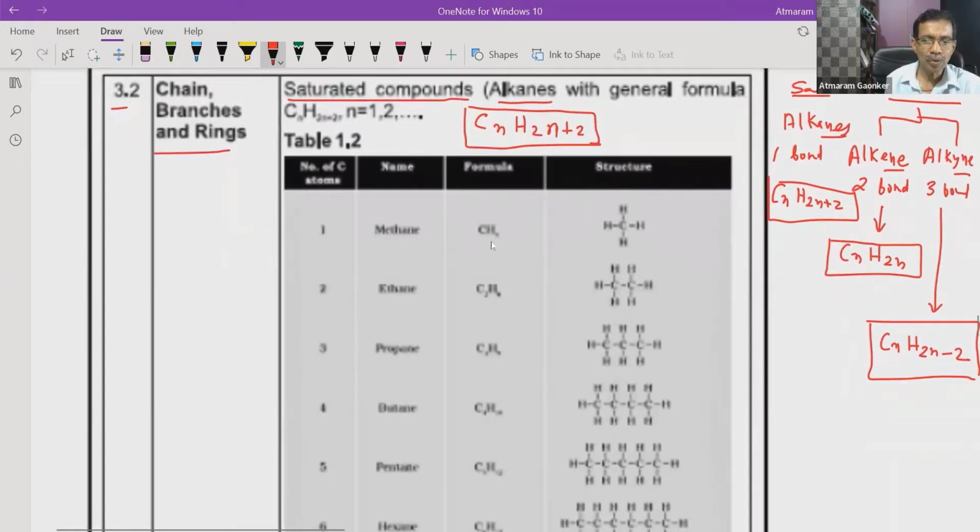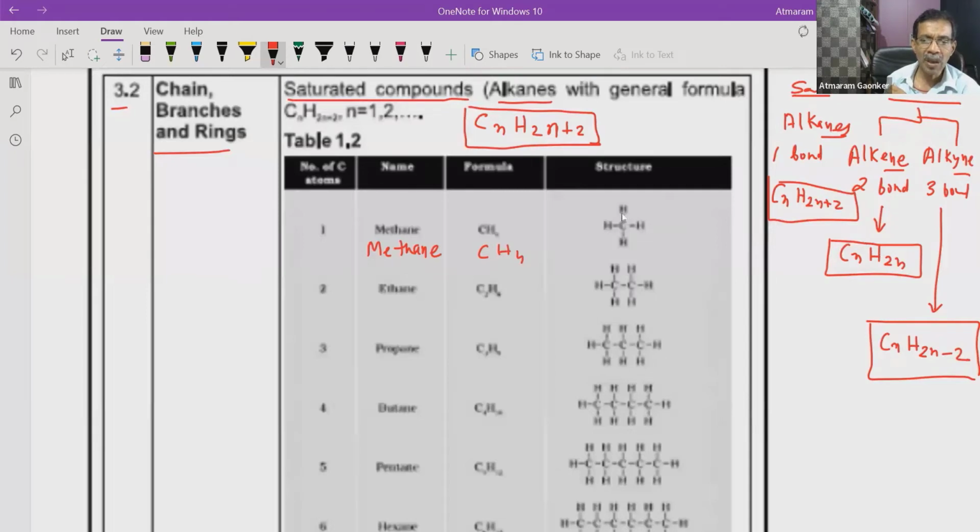So there are different things. I think you may not be able to see this, so I'm writing it here. This is methane. Methane is CH4. If you see the formula, it is C1, and if you double it, it will be 2, and add 2, it will become 4.